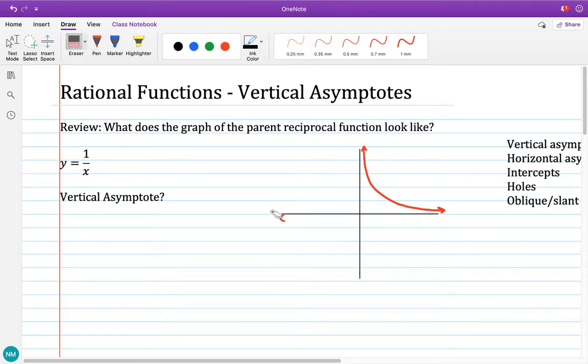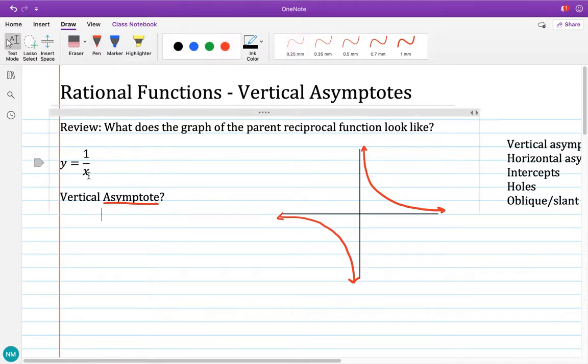So the question is, are there any vertical asymptotes? Let's review what an asymptote is, especially vertical. It is a line that is not necessarily part of the graph. For vertical, it's going to be a vertical line that the graph infinitely approaches but never touches.